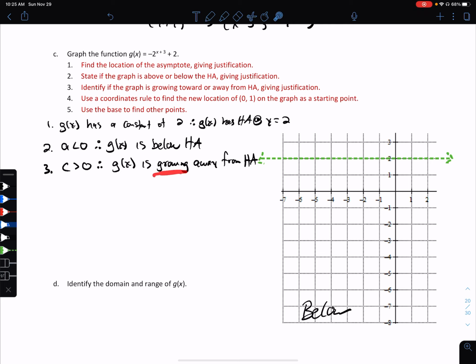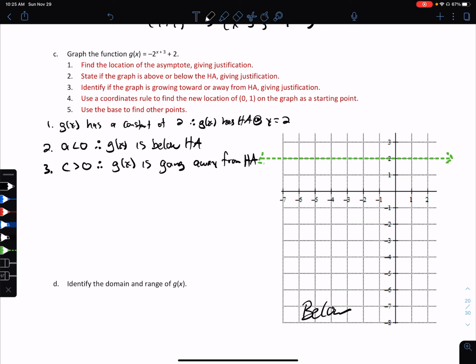I'm using this word growing poorly. I don't mean growing as in growth. I'll tell you what, let me not use the word growing. Let's say is going. Yeah, I want to say going towards or away, because I don't want to confuse this with growth or decay, because that's not what I'm talking about.